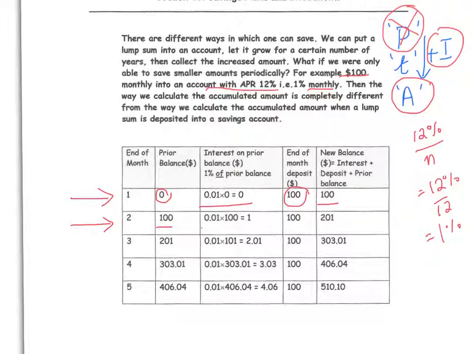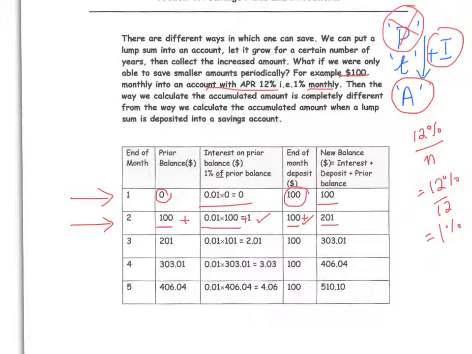So 1% of $100 is $1. That gets added on to what we deposit at the end of the month again, which is $100. So we have $100. So this number in column 2 plus the number in column 3 plus the number in column 4 all added together gives us 201. So at the end of the second month, we have $201.